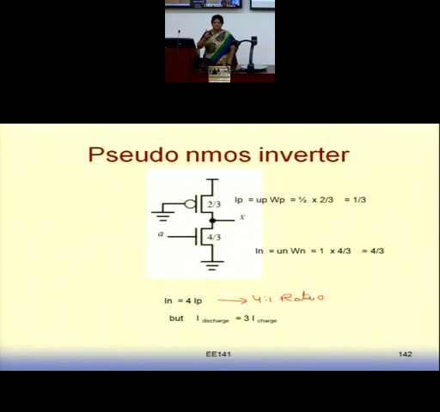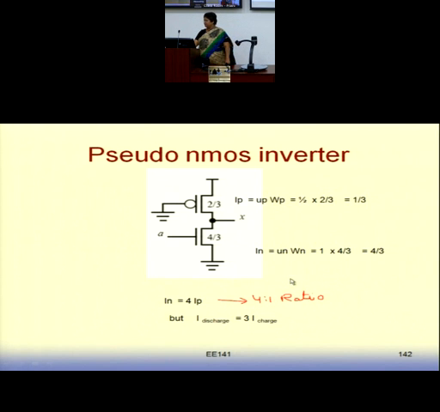These are two different things. It is not the same. Pull down current is not the same as the NMOS transistor current. So if I look at the pull up to pull down, or I discharge to I charge, that ratio is 3. But if you look at the transistor current, that ratio is 4:1.